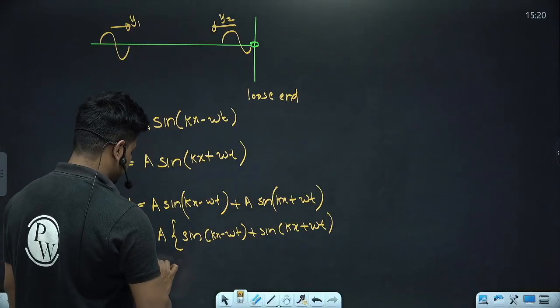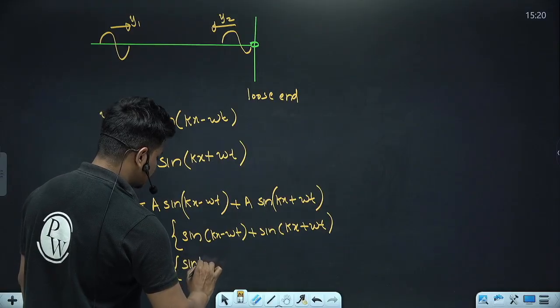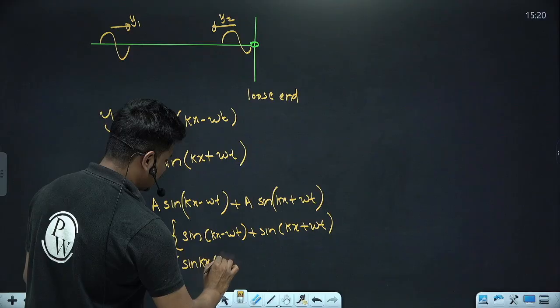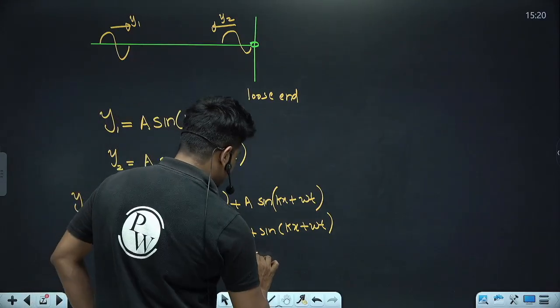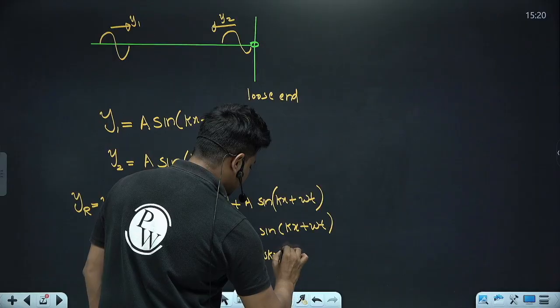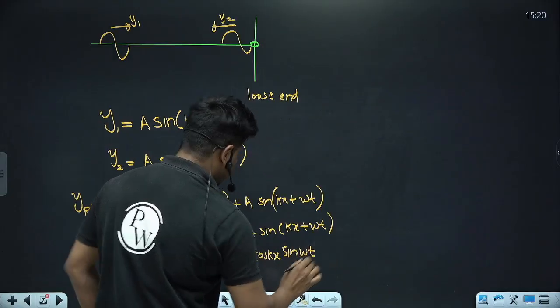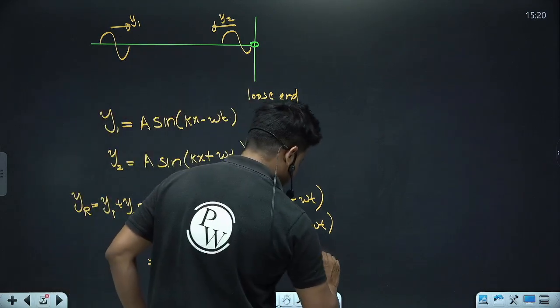It is a well known result: sin a cos b, with a negative sign, minus cos a sin b. This is sin(kx minus omega t).